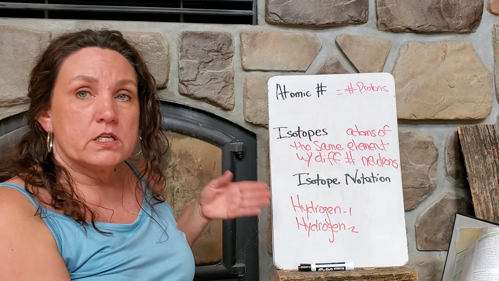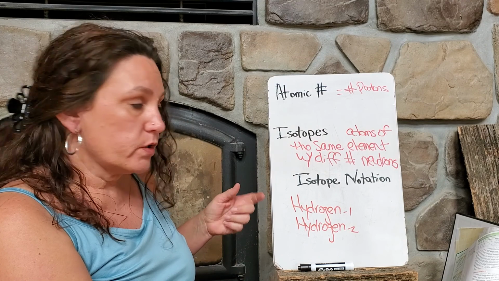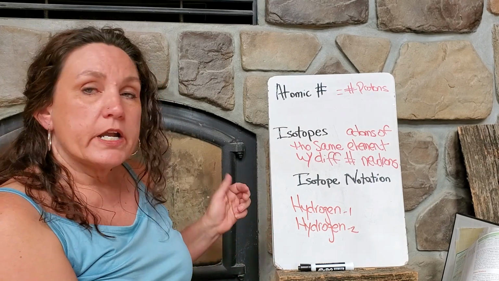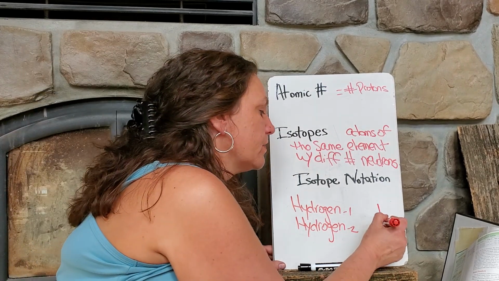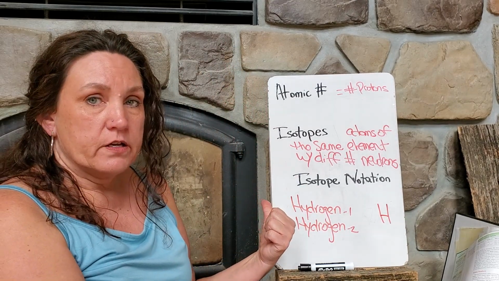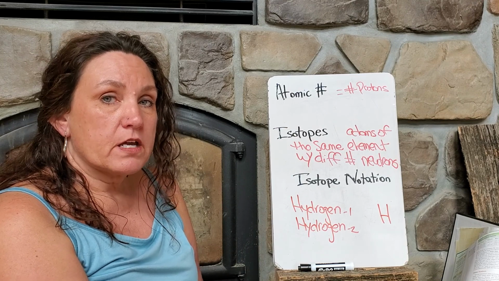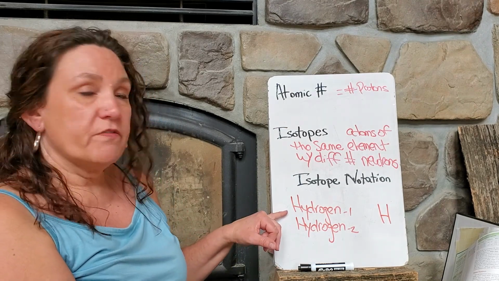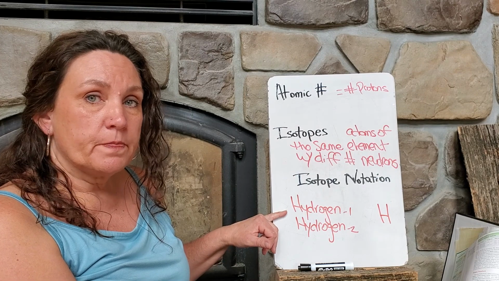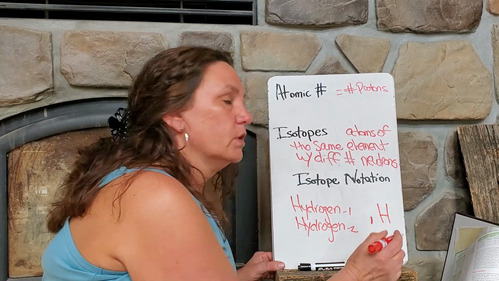Another way that we can notate this, and what we will use a lot in our nuclear equations, is we write it in a different form. We put the symbol, and then we come to the left side. On the left bottom, we write the atomic number. So we find hydrogen on the periodic table, find the atomic number, and it has the atomic number of 1.